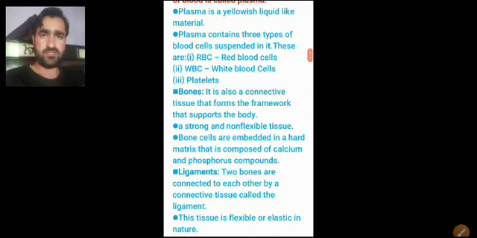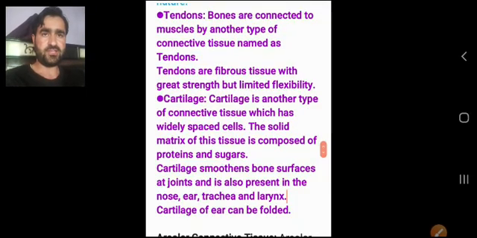Then we have the next type, that is the ligaments. Two bones are connected to each other by a connective tissue called the ligament. So what is a ligament? A ligament is nothing but a connection between two bones. This tissue is flexible or elastic in nature because its main job is to provide the connection between the two bones. Then we have the next type, that is tendon.